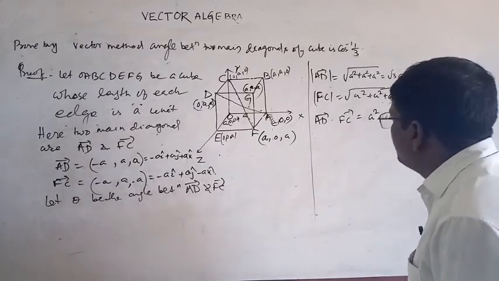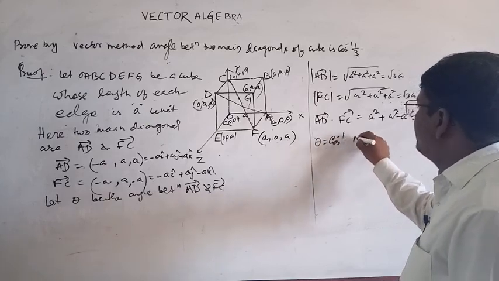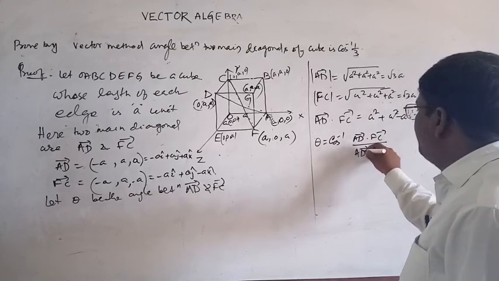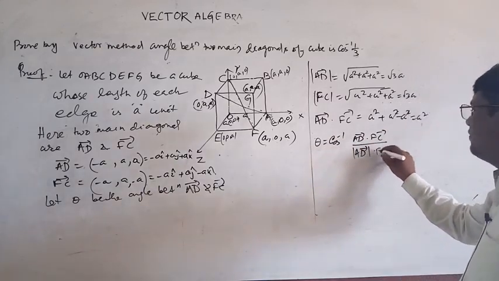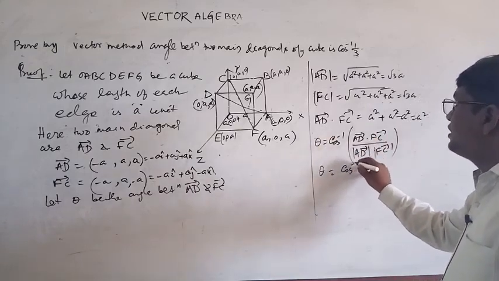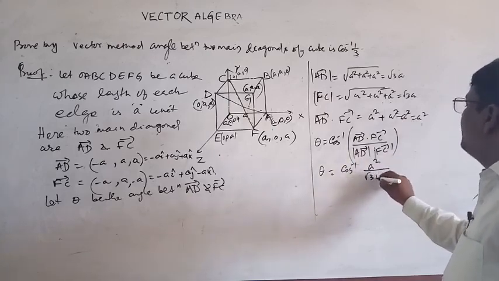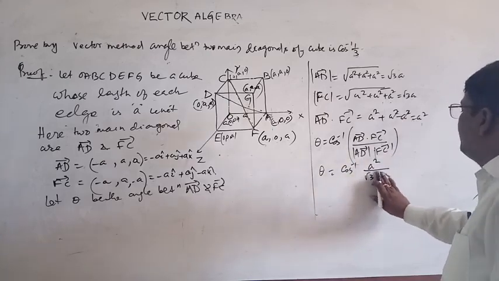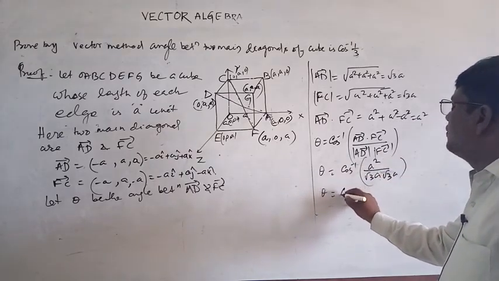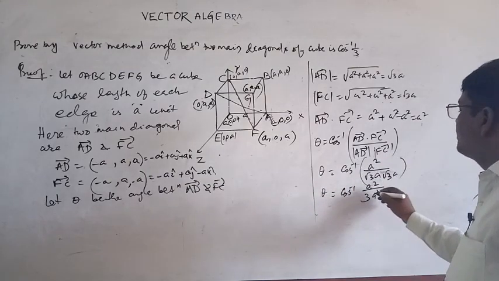So theta is equal to cos inverse of AD dot FC divided by the magnitude of AD into the magnitude of FC. So theta is cos inverse of a square by root 3 a into root 3 a, which is cos inverse of a square by 3 a square.